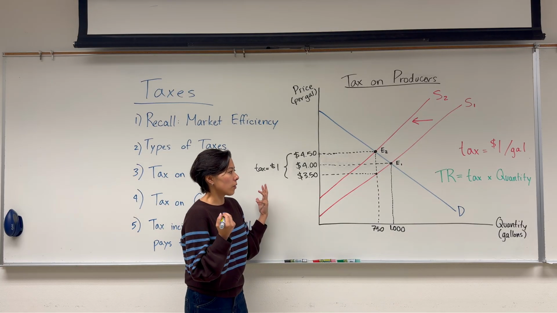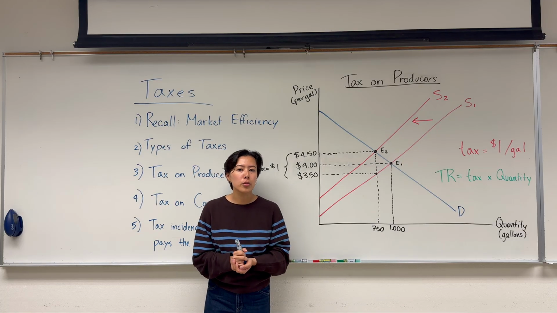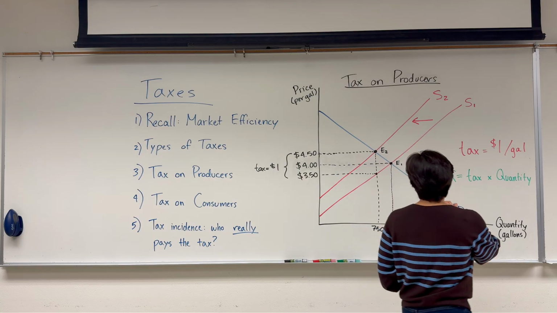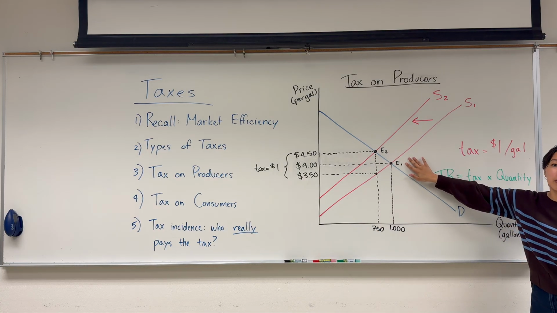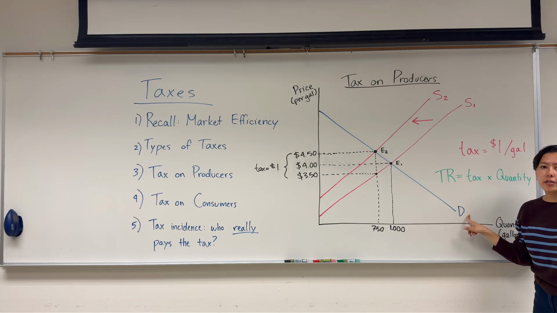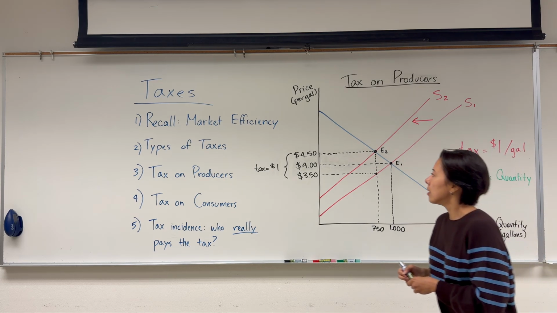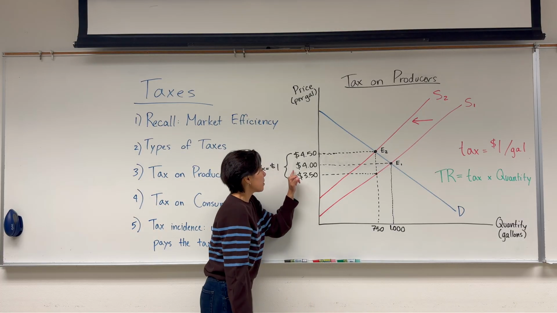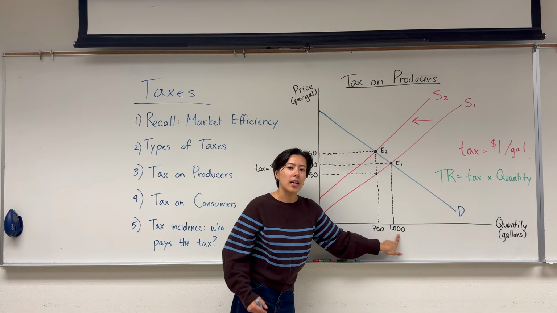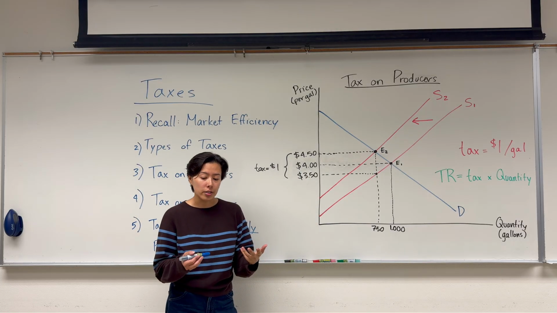Okay, so first let's talk about our consumer and producer surplus before the tax. So before the tax, our market was operating at equilibrium point E1. We were looking at our original supply curve and our demand curve that has been unchanged. At this original equilibrium, our equilibrium price was $4 and 1,000 gallons of gasoline were being sold or exchanged.